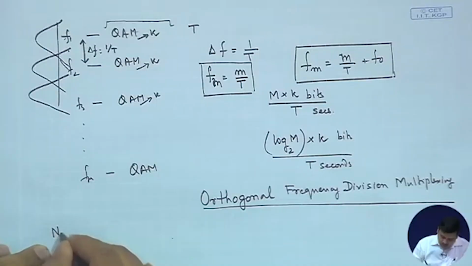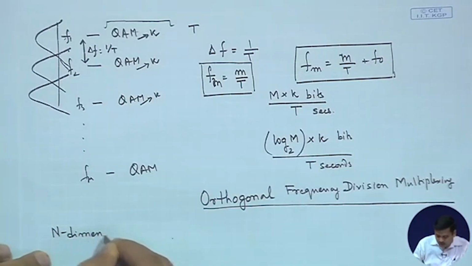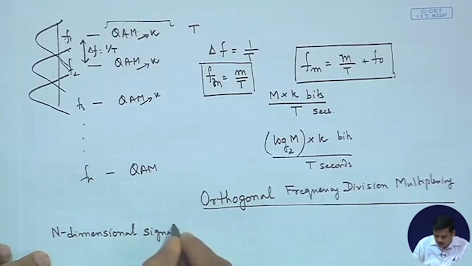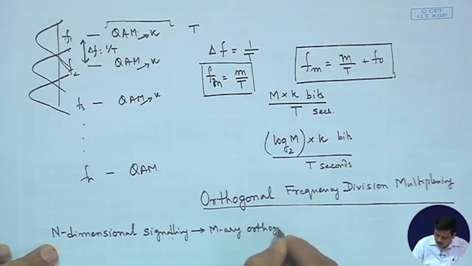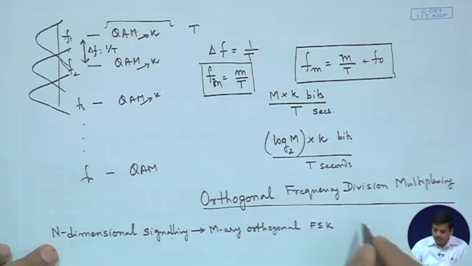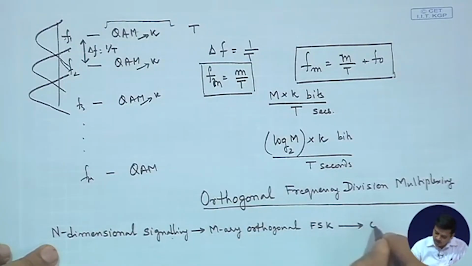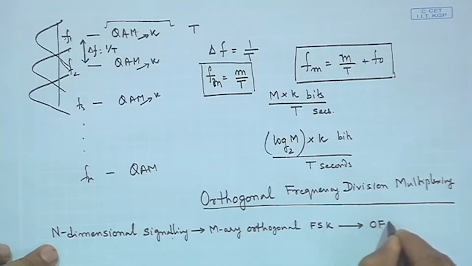So, the way we have traveled is N-dimensional signaling, followed by M-ary orthogonal frequency shift keying, and then we have exploited whatever we have discussed to do orthogonal frequency division multiplexing, right.